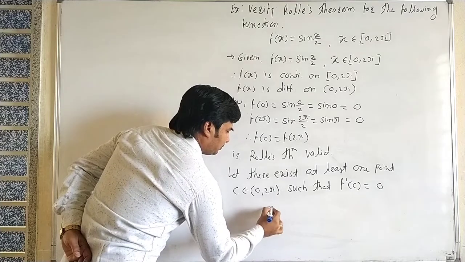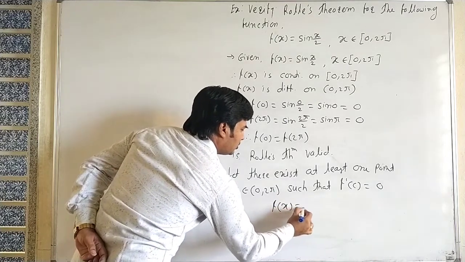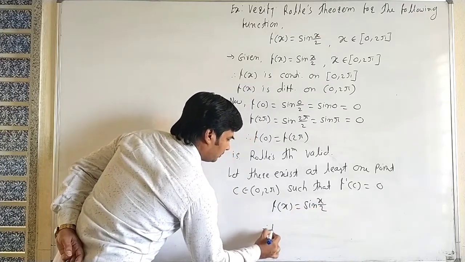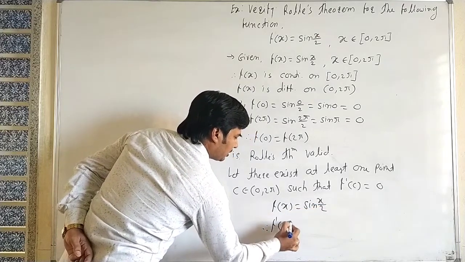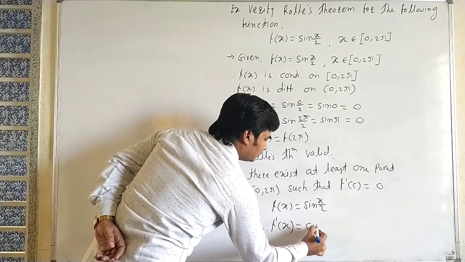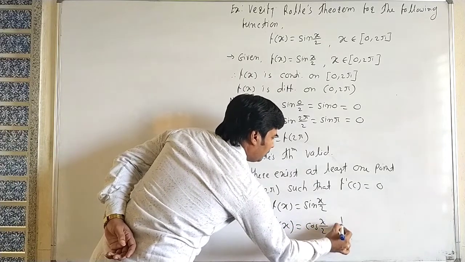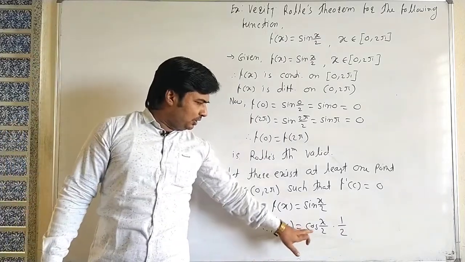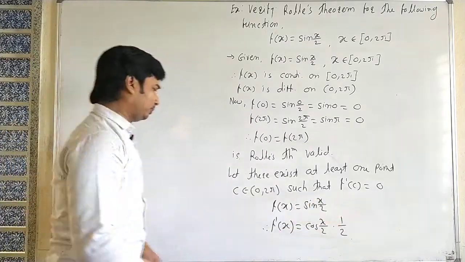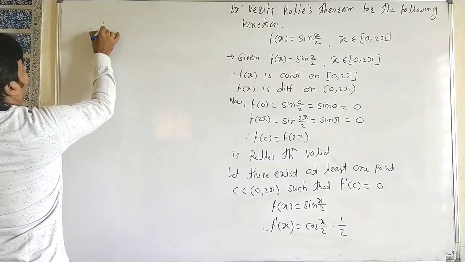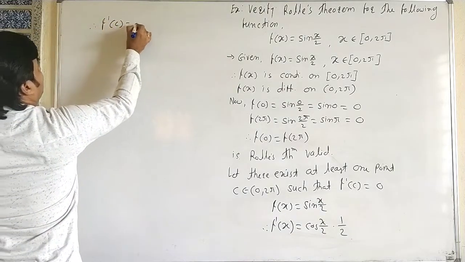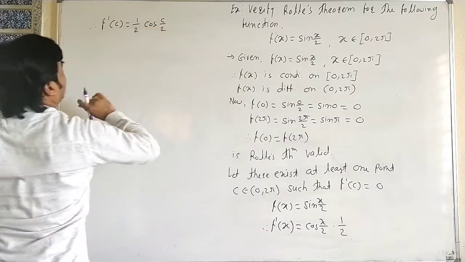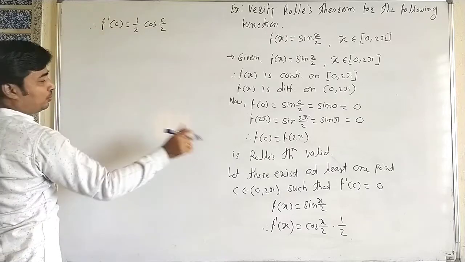Here given f(x) is equal to sin(x/2). Therefore f'(x) is equal to cos(x/2) into 1/2. It is the f'(x). Therefore f'(c) is equal to cos(c/2) into 1/2. Here 1/2 is a constant, and it is cos(c/2), and it is given f'(c) is equal to 0.